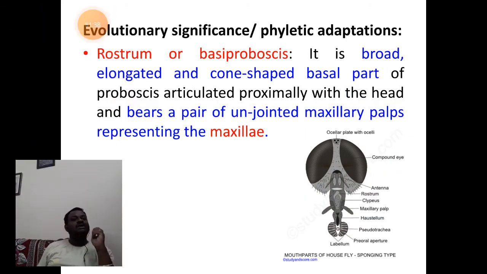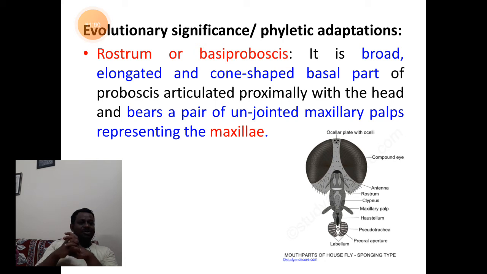Rostrum is also called basiproboscis. It is a broad, elongated, cone-shaped part which attaches to the head of the animal. And here it bears a pair of unjointed maxillary palps, representing the structure of maxillae.